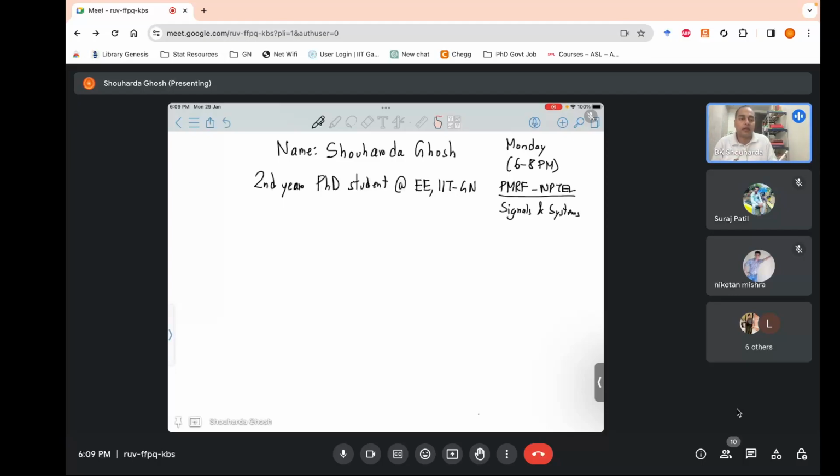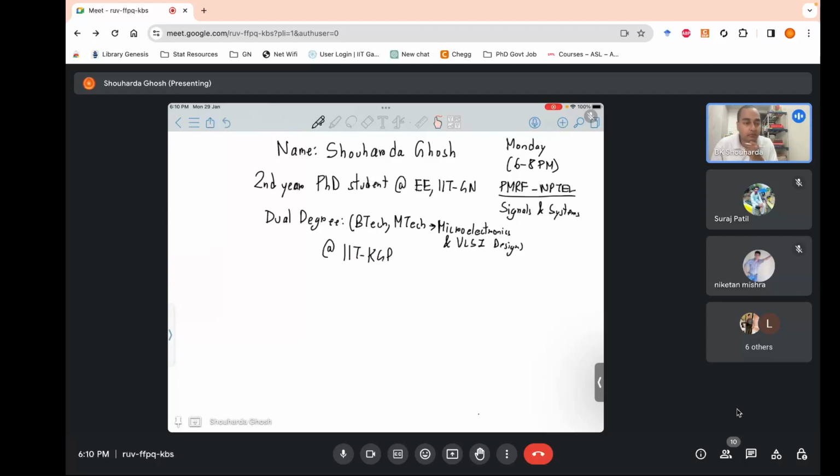I have also done my dual degree, that is BTech as well as MTech. It's a 5-year course with specialization in microelectronics and VLSI design at IIT Kharagpur.